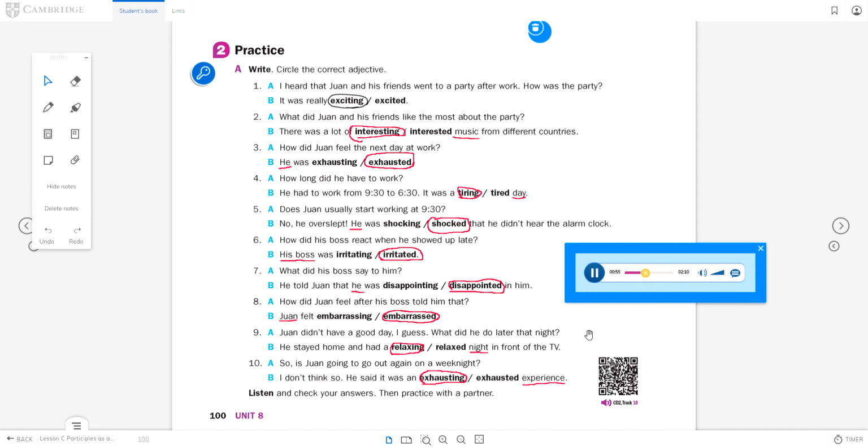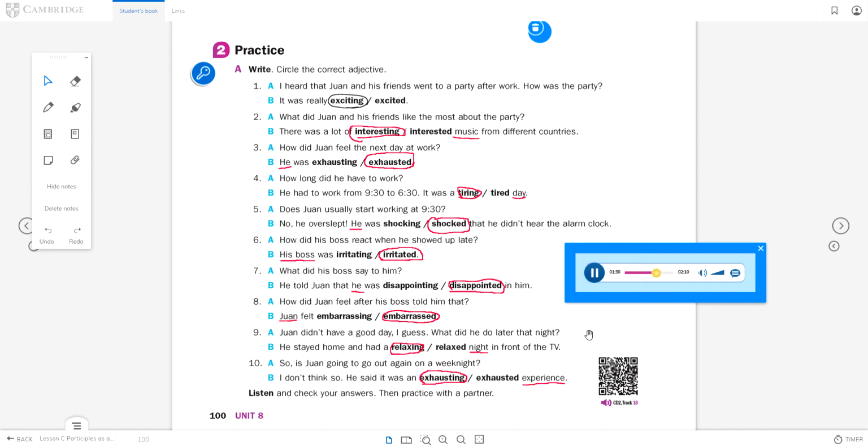5. Does Juan usually start working at 9:30? No, he overslept. He was shocked that he didn't hear the alarm clock. 6. How did his boss react when he showed up late? His boss was irritated. 7. What did his boss say to him? He told Juan that he was disappointed in him. 8.